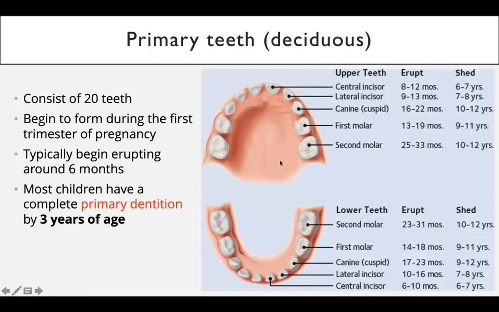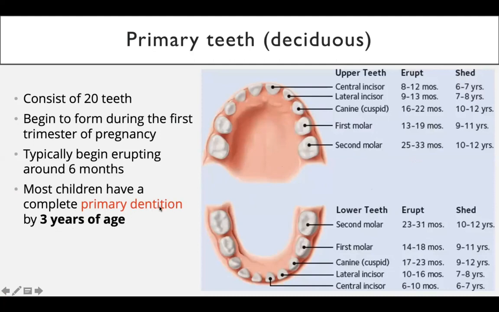They start erupting from 6 months and go as long as 33 months. What is 33 months? Almost 3 years. They typically begin erupting around 6 months and complete the primary dentition by 3 years of age.